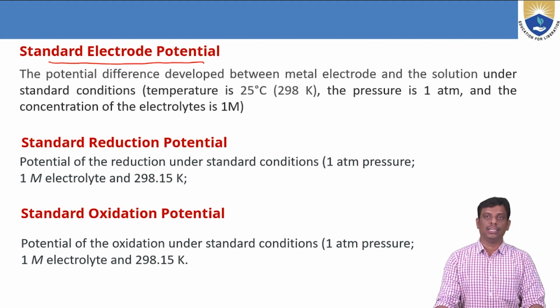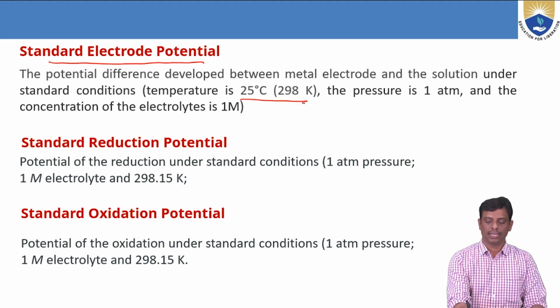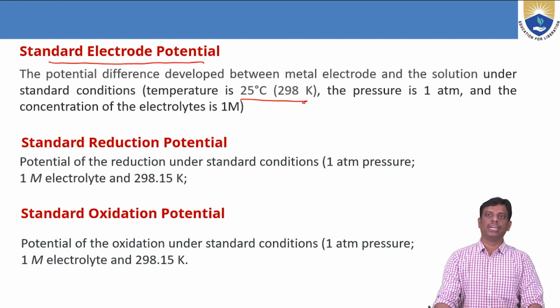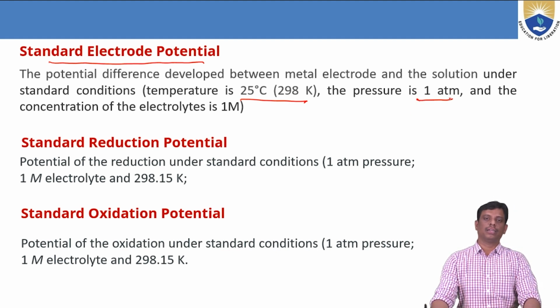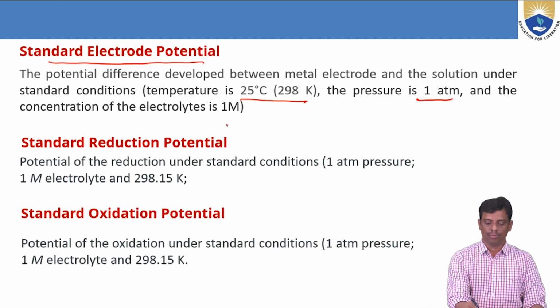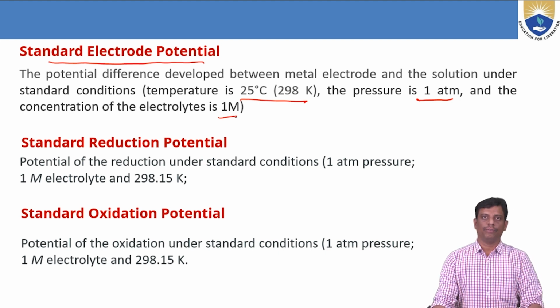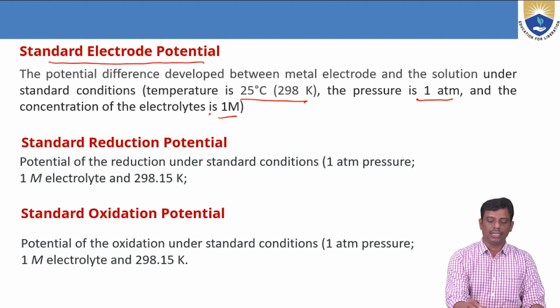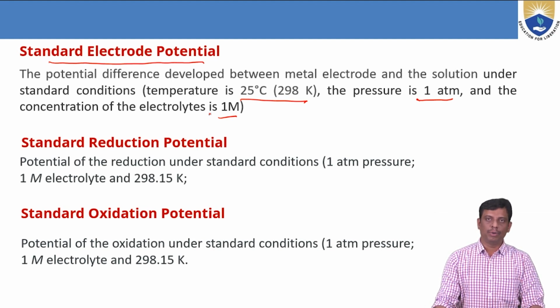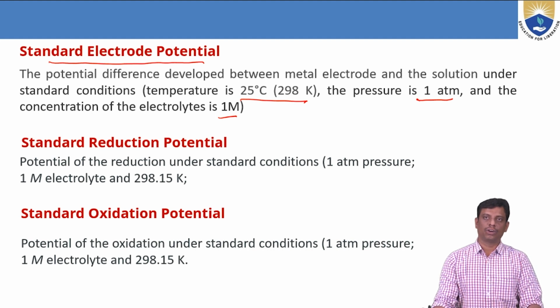At standard conditions, 25 degrees centigrade, that is 298 kelvins, at 1 atmosphere pressure and 1 molar electrolyte concentration, it is called the standard electrode potential, the potential developed between the electrode and the electrolyte solution.